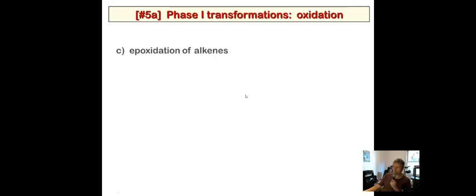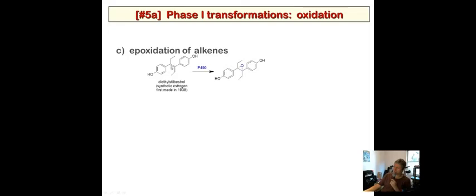Epoxidation of alkenes. Okay, so this is another oxidative reaction that can happen with P450. So here's one of these estrogen derivatives. I think it's an estrogen receptor agonist, diethylstilbestrol.